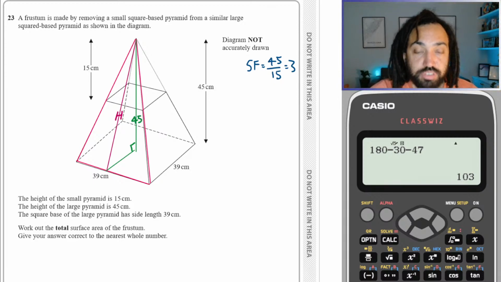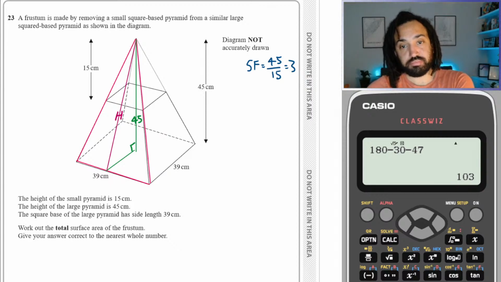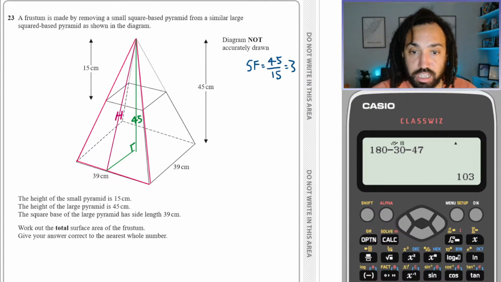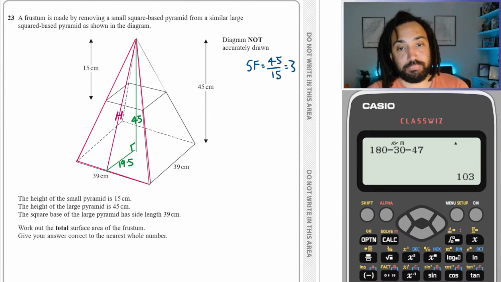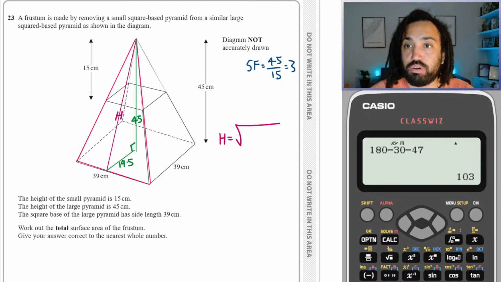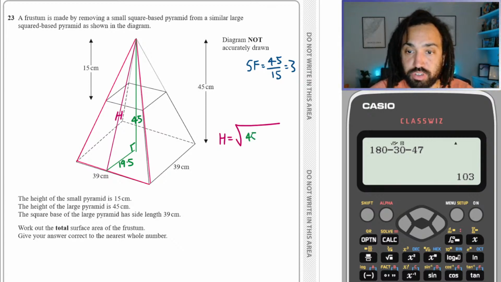So this is 45. And if I do 13, this distance down the bottom will be half of 39, so it'll be 19.5. Okay, great. So that means I can work out h, because it's going to be the square root of 45 squared minus 19.5 squared.